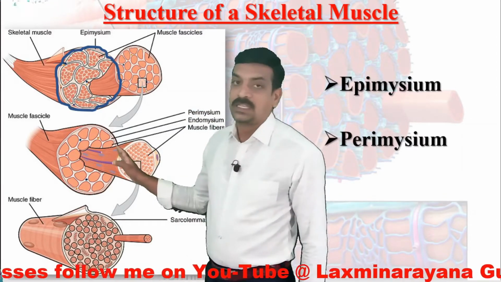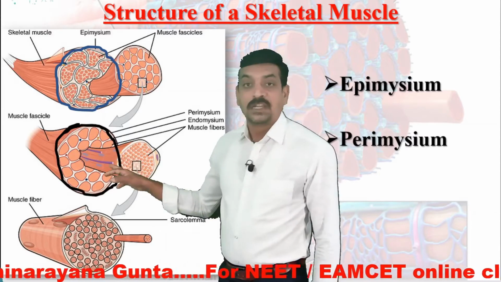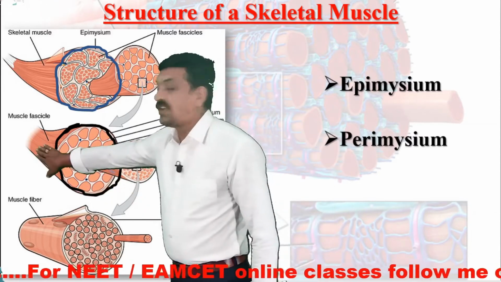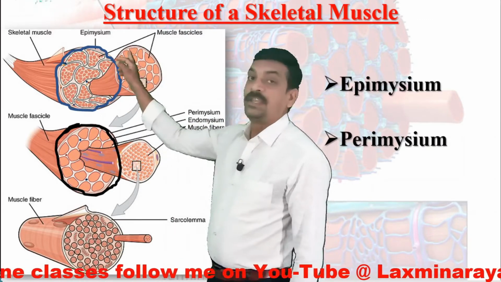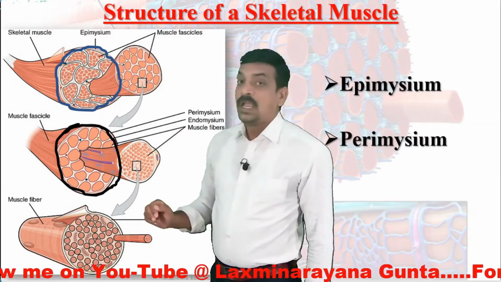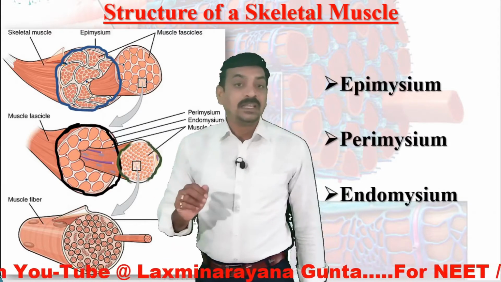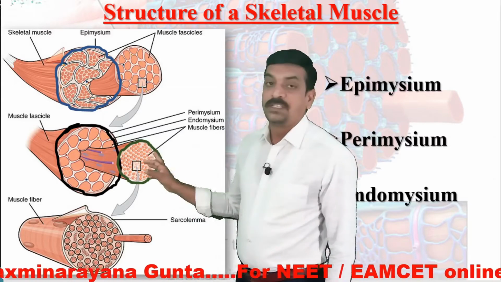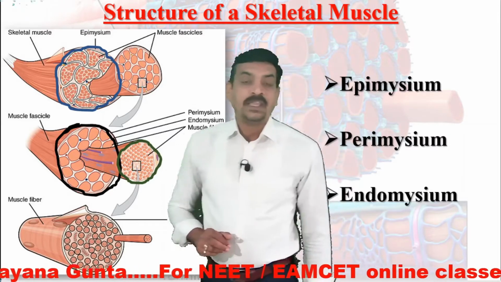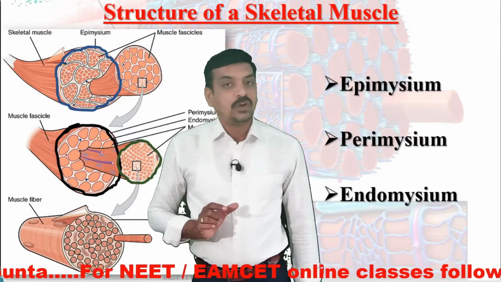This one is a fascicle, and all this is the perimysium. And endomysium is the layer surrounding the muscle fiber. Each muscle fiber is surrounded by a layer called endomysium.